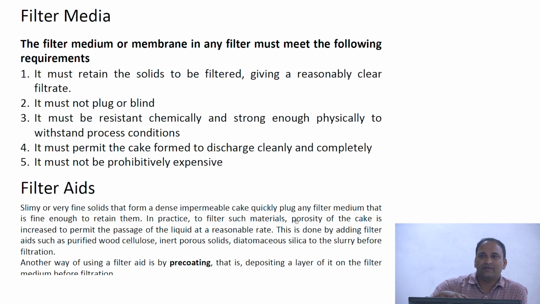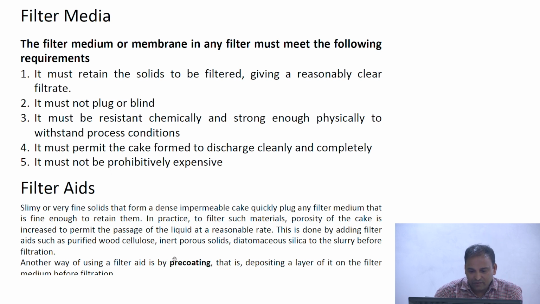Therefore, the cake that is formed has both the solids as well as these additives, and it will help you to maintain a typical porosity that is required for the filtration to occur. So that's by adding things additionally into the slurry, that's one way of doing it.